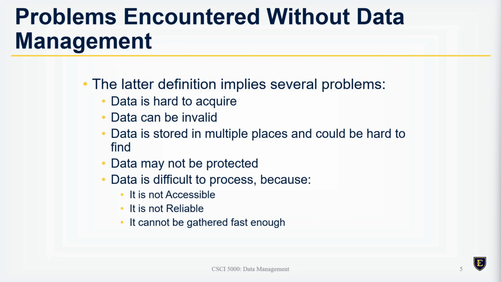So the latter definition also implies that there are several problems associated with data management. Number one, data is hard to acquire. While certainly there is a lot of data out there in the world, it can be difficult to get. The reason for that is that a lot of the data that we have is stored in very different locations.